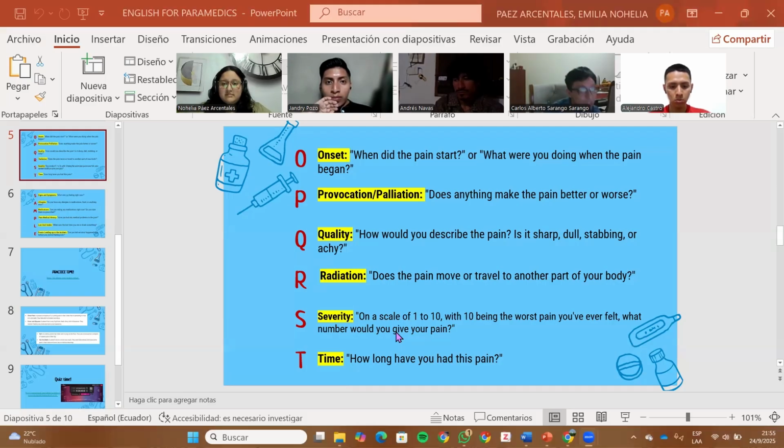Is it sharp, dull, or itchy? Sometimes I feel like a stabbing pain in the right side, and also the muscles in my legs are swollen, and yeah, I feel bad for that.